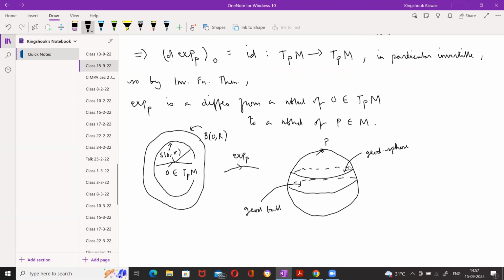The geodesics through the North Pole are longitudes, right? These are the geodesics.